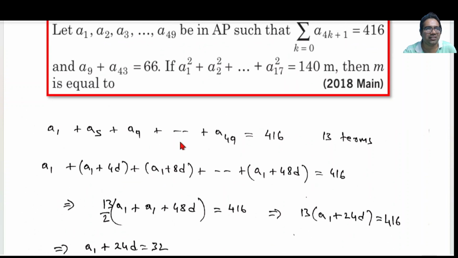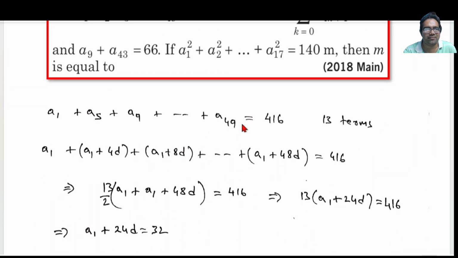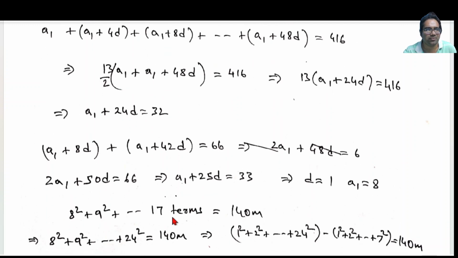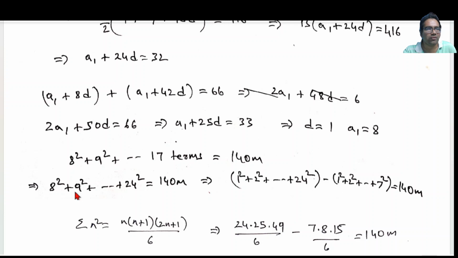Now, what is given? A1 square plus A2 square up to A17 square is 140m. A1 is 8, A2 is 9, likewise. So what is A17? Starting from 8, we have 17 terms. That means 8 square, 9 square up to 24 square is equal to 140m. We don't know the direct formula of 8 square, 9 square up to 24 square, but we know the formula of 1 square to 24 square and of 1 square to 7 square.